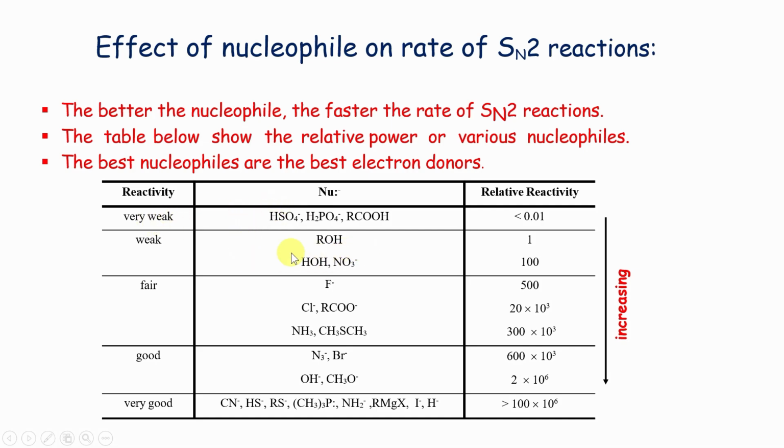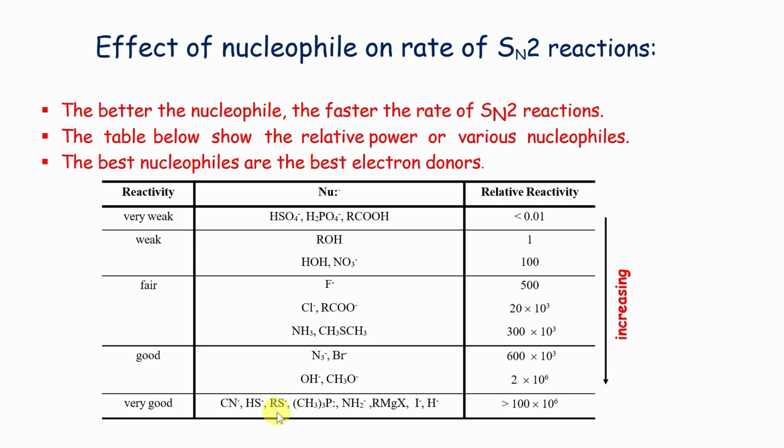Weak nucleophiles: alcohol, water, nitrate, then fluoride, chloride, carboxylate, ammonia, dimethyl sulfide. Good nucleophiles: azide, bromide, hydroxide, methoxide.